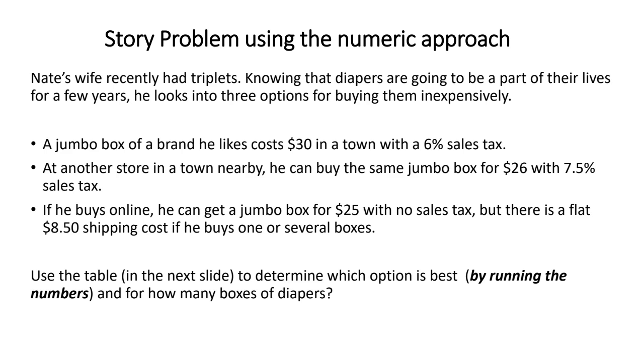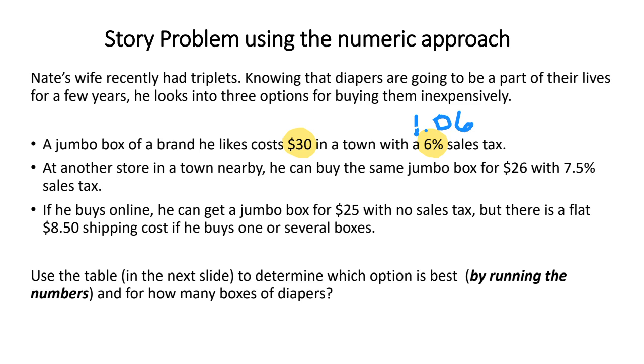It says a jumbo box of a brand of diapers that Nate likes is going to cost $30 in town and 6% sales tax. This is my first option. Now remember, when we talk about sales tax, we're talking about a multiplier of 1.06. This percent you have to equate to a decimal.